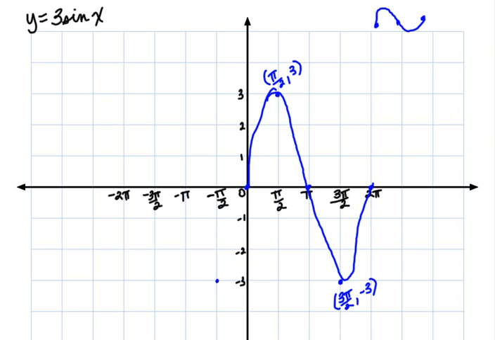We get negative 3, we know it has zeros at multiples of pi, at 0, and at negative 3 pi over 2 it's going to be positive 3. Okay, so there we have the graph of y is equal to 3 sine x.